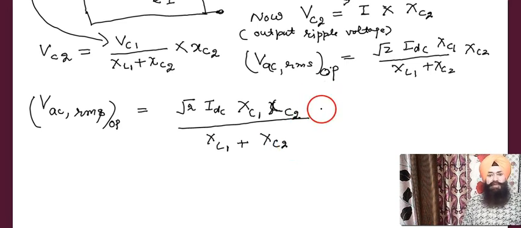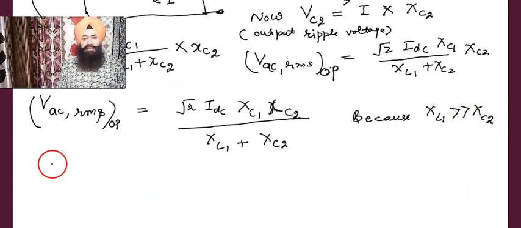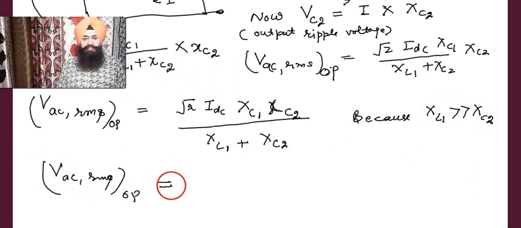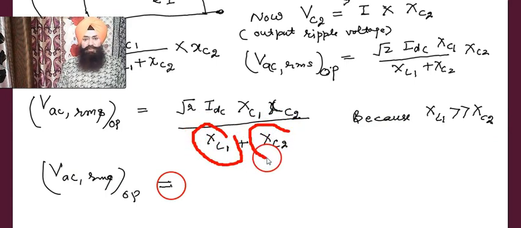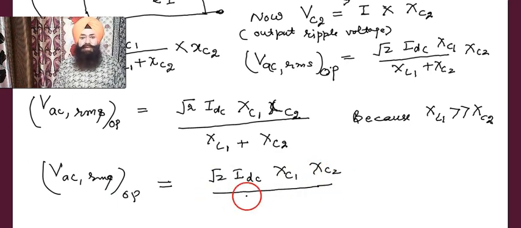Now substituting the value of reactances, because XL1, now again an assumption. What is the assumption? That XL1 is very much greater than XC2. Then XC2 may be neglected.